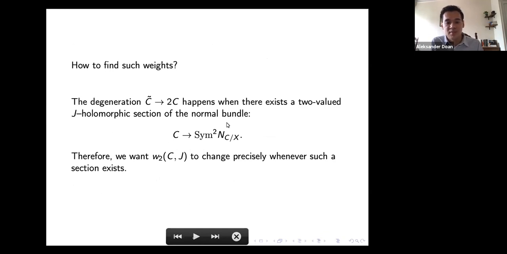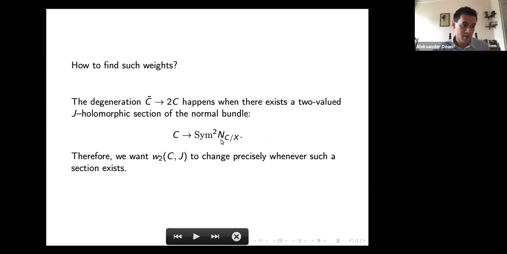So you're looking for some kind of equation whose count of solutions will change exactly when I encounter one of these sections.